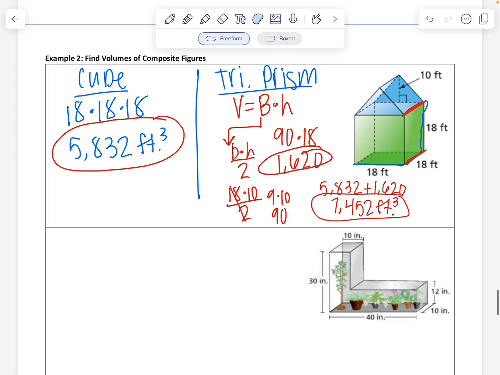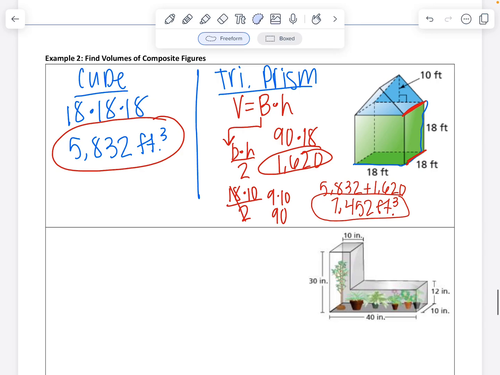And then we move on to our second one. So the good news is that I know my base right away, right? I have the 10 and the 12, so I just have to multiply those to get the area of my base. So then I have to find my height. My height is going to be this line right here.